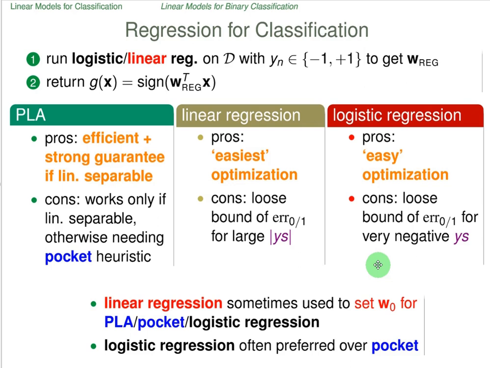Also, note that logistic regression is used in most practical classification problems and is definitely preferred over pocket PLA. So logistic regression is one of the popular and robust classification algorithms that we can use in solving real-world problems.